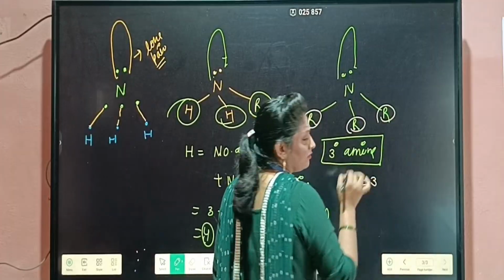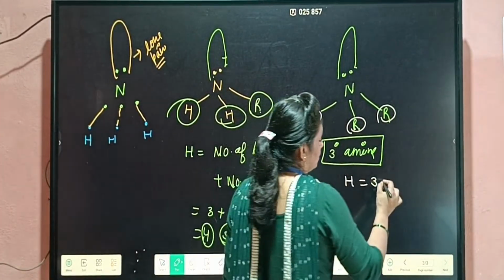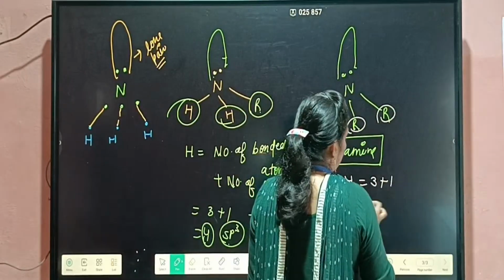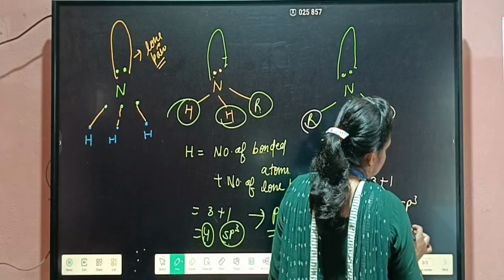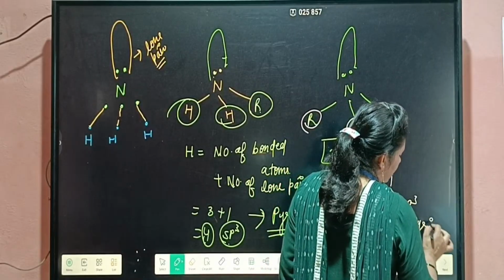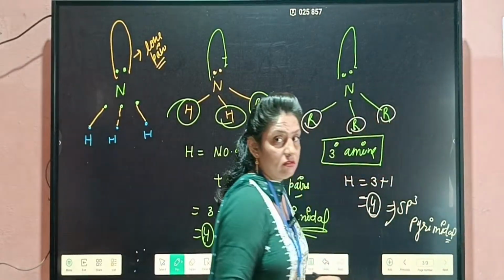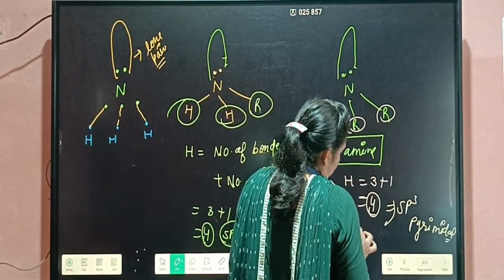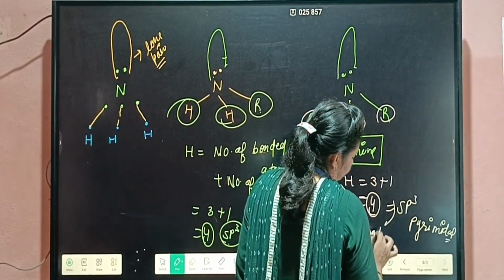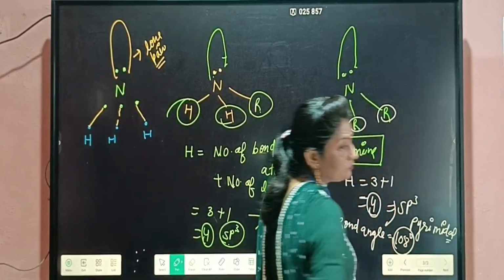You are only replacing, you are not making any change in the structure. Their arrangement plus lone pairs are also the same, so hybridization is also the same, and their structure is also the same. Only there will be a little bit of difference in their angles. If I talk about the bond angle in the case of tertiary, then it will be 108 degrees, not 107.